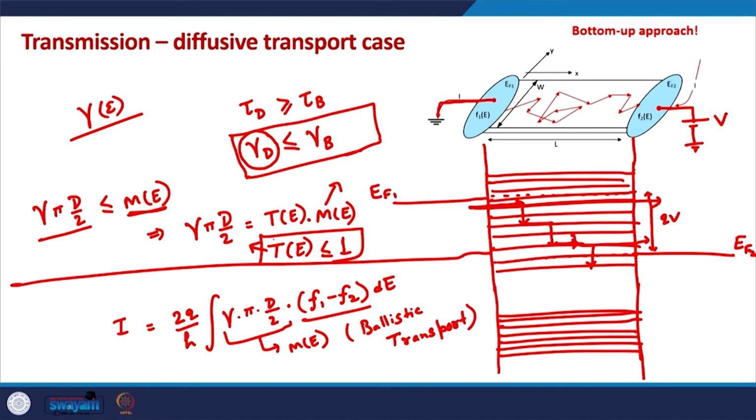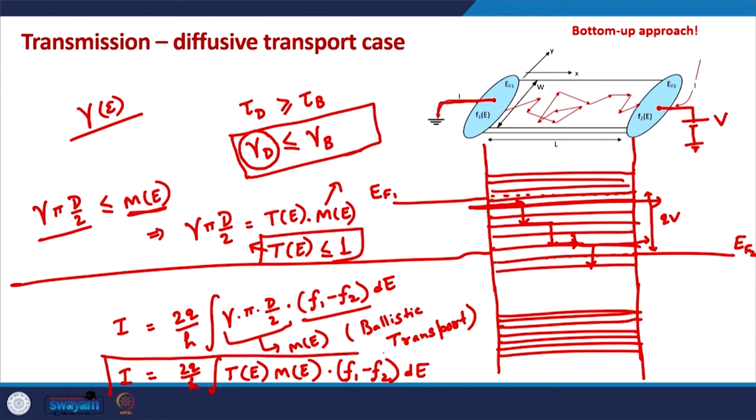In that case, we would be able to find the current, because the current in the diffusive transport case can be written as 2q by h integral of Te times Me times F1 minus F2 dE.